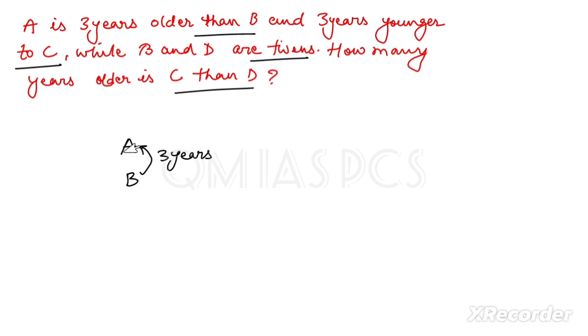I have placed A in the upper portion because A is older, and the gap is 3 years. Then A is 3 years older than B and 3 years younger than C. That means C should be here, and the gap should be 3 years. Now B and D are twins, that means B is equal to D. So how many years older is C than D?